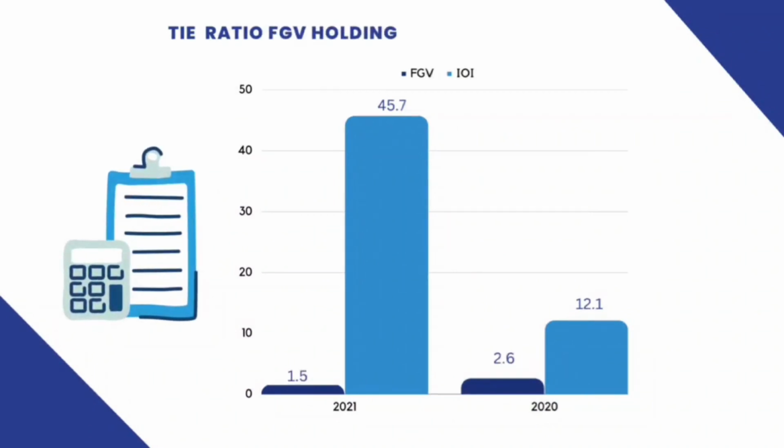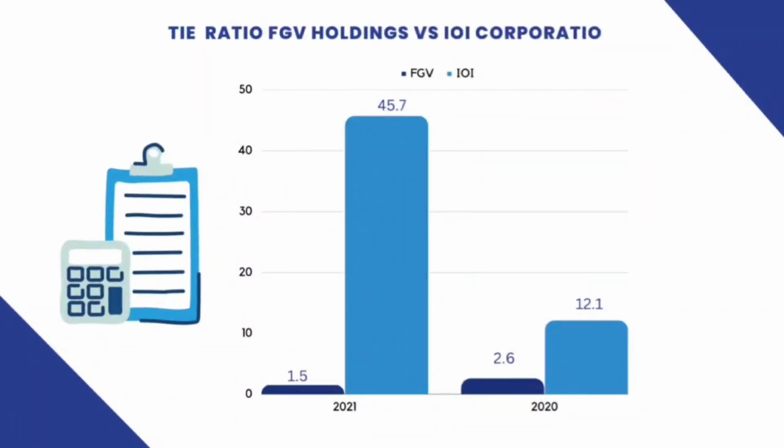As we can see, in year 2020 IOI stayed at a 12.1 ratio and the next year, 2021, it increased to 45.7. It indicates that IOI still has enough funds to pay its debt.